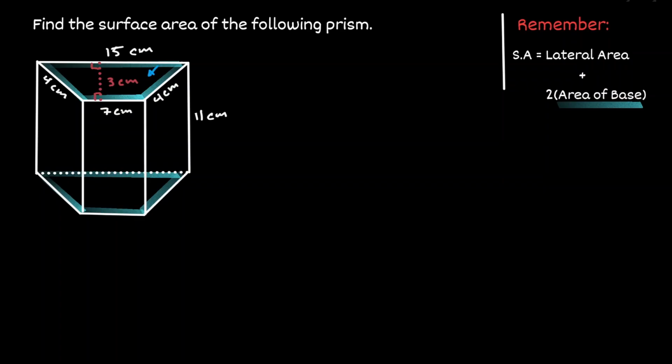Notice that the base is a trapezoid. And remember that the area of a trapezoid is 1/2 times the height times the sum of the base on the top and the base on the bottom. So now that we have a strategy, let's define the area of the base.